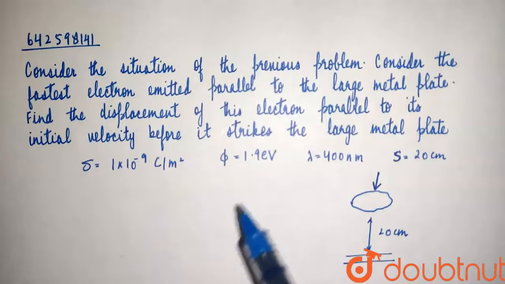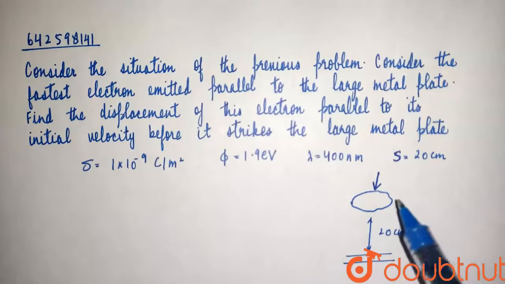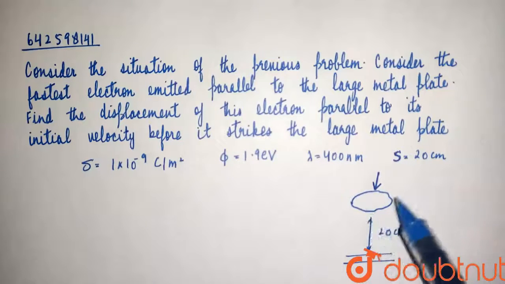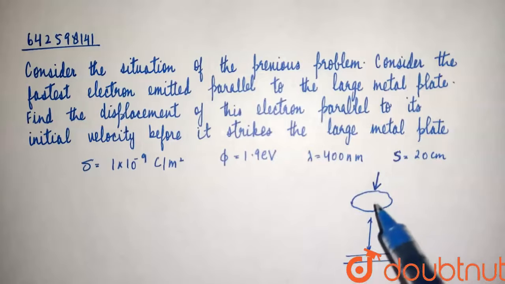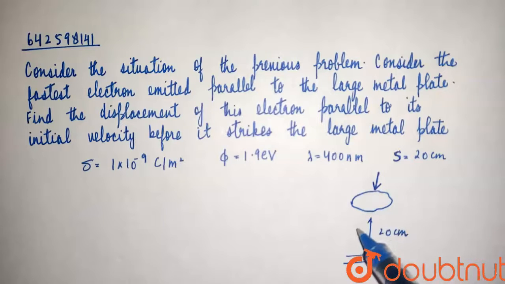a small piece of cesium metal which was kept at a distance of 20 centimeters from a large metal plate. A light of wavelength 400 nanometers struck this cesium metal surface, and we know whenever light strikes any metal surface, electrons are emitted, and those photoelectrons will come out, and at some point of time they would strike this metal plate.